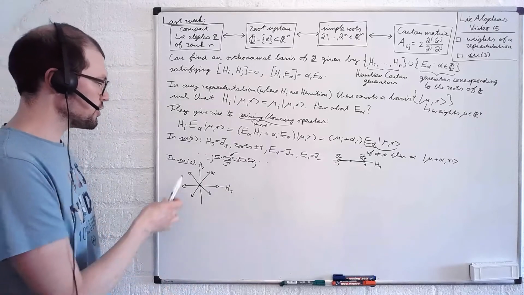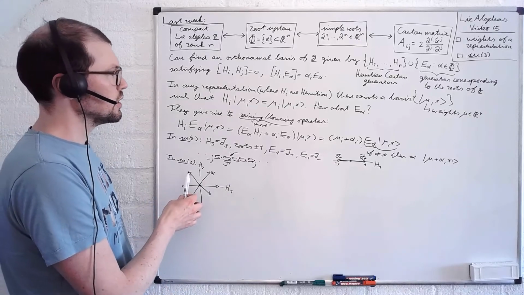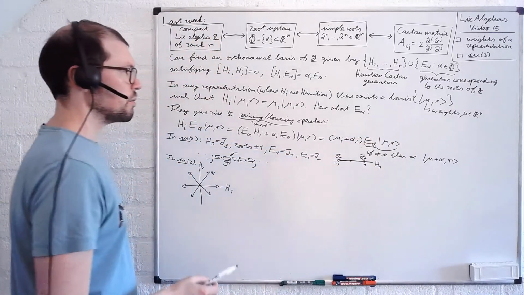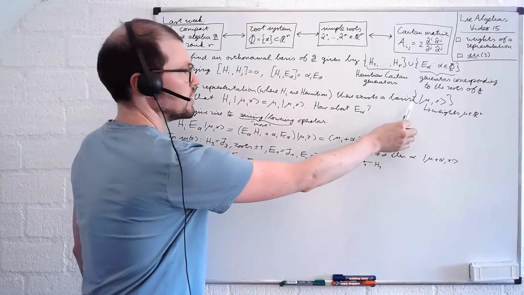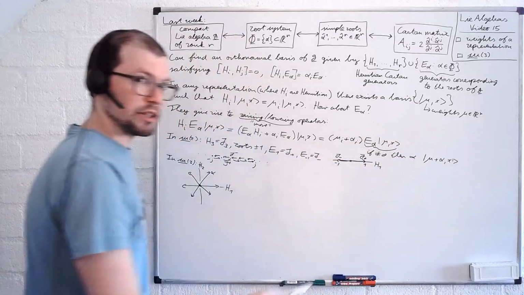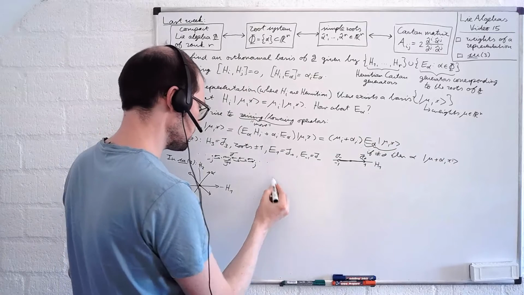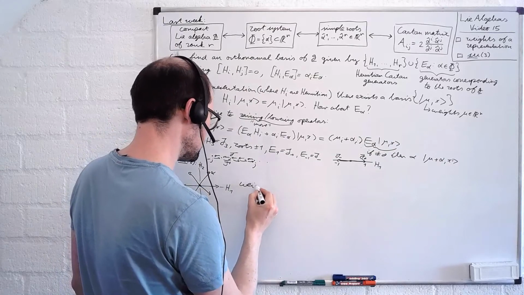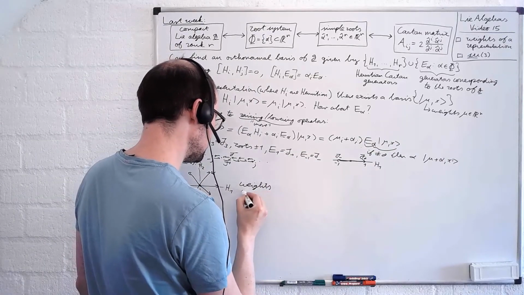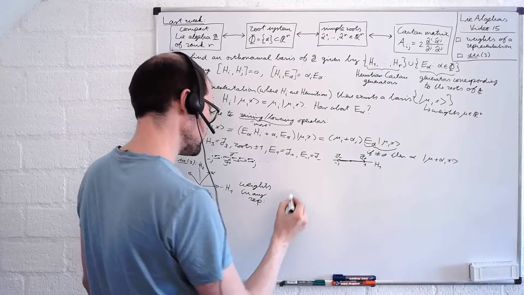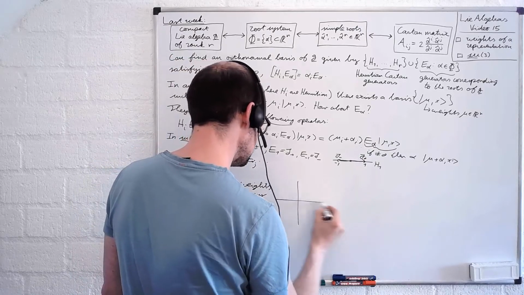So now in any representation of SU3, we have this basis of states, where now the weights are 2-dimensional vectors, so they also live in the 2-dimensional plane. So the weights in any representation live in the 2-dimensional plane.